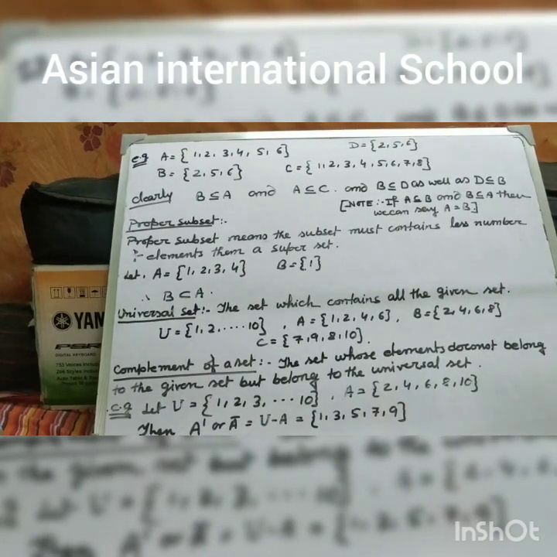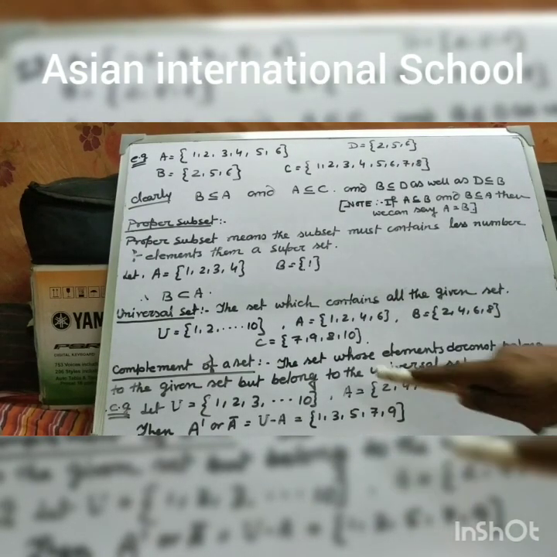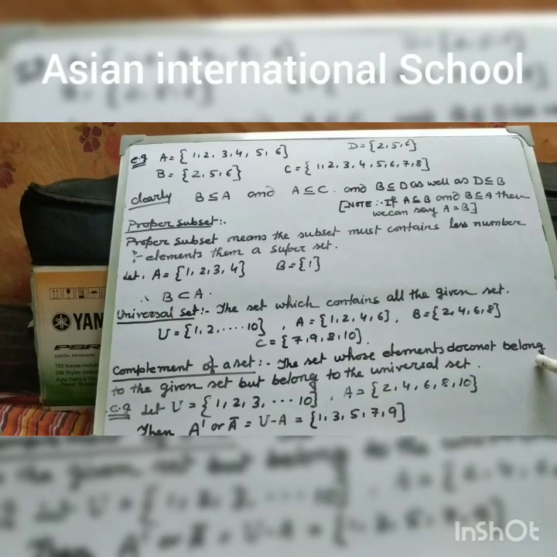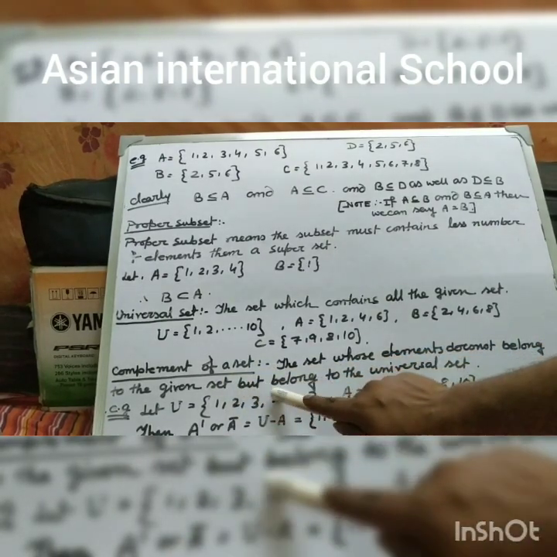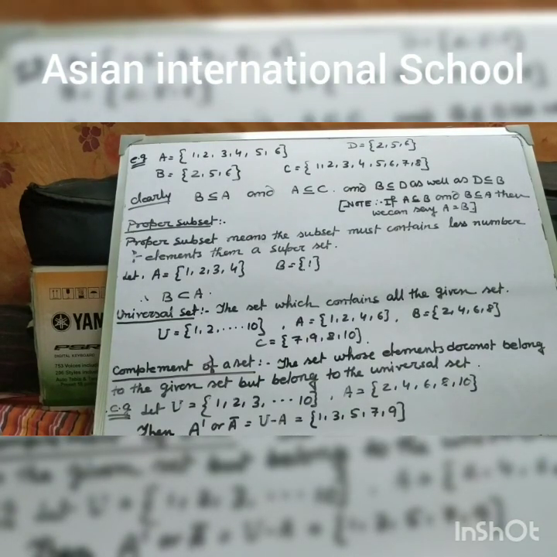Now come to the next point, that is the complement of a set. Complement of a set means the set whose elements do not belong to the given set but belong to the universal set. That means the elements which do not belong to the given set but belong to the universal set.